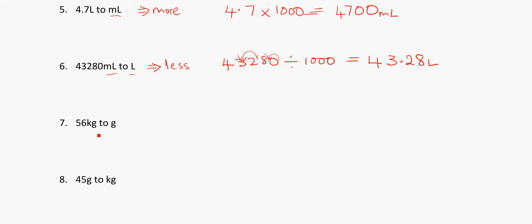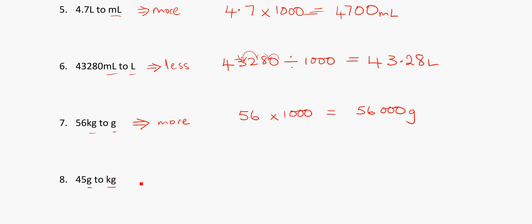Kilograms to grams. Changing to a smaller unit, so we're going to have more of them, so we're going to multiply. What are we going to multiply by? How many grams in a kilogram? 1,000. We're going to multiply by 1,000, and so we get 56,000 grams. Number 8, grams to kilograms.